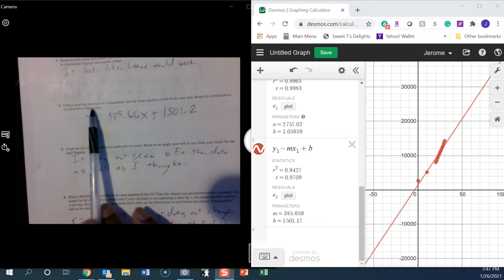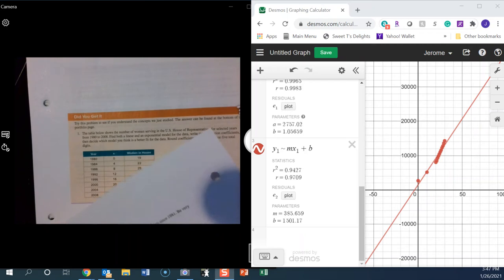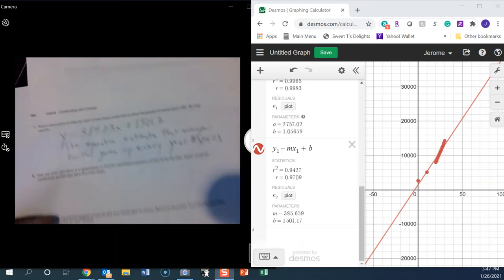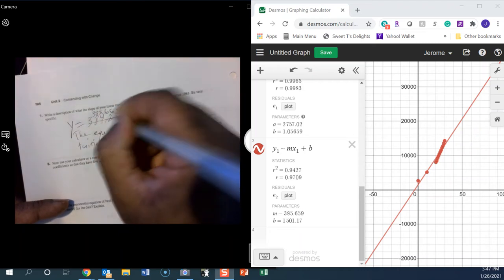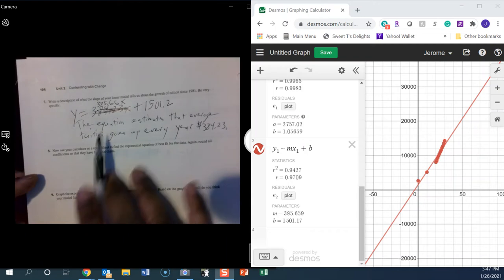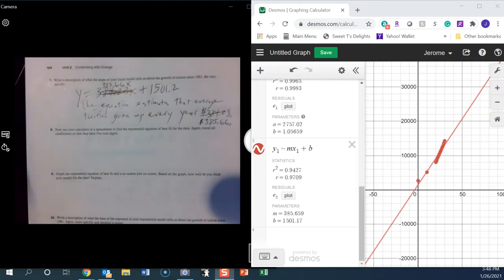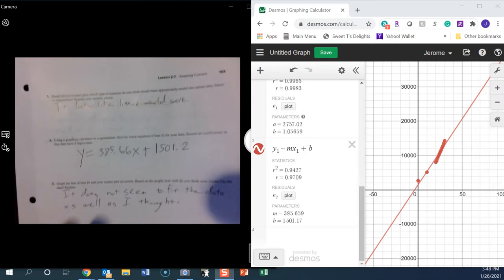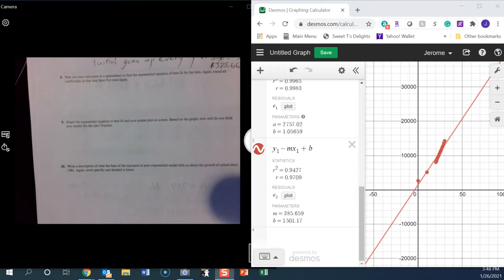It says use a graphing calculator and it gave us this equation here. Oh, you know what? I made a mistake. This is supposed to be 385.66x. So this should be $385.66. And it was based off of the previous problem that we had on the other page. Or you could have looked down here. 385.66. All right.